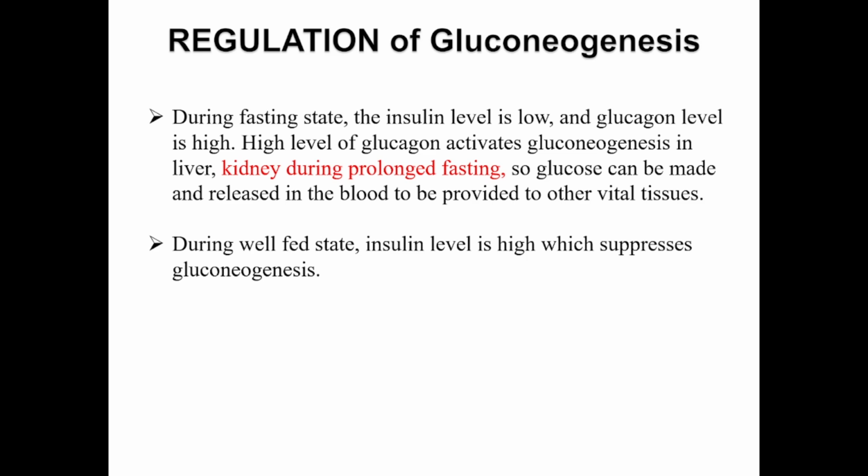That's why during starvation or prolonged malnutrition, there will be body wasting. They lose weight and become very thin, because they use their own protein and their own muscle to maintain the glucose level for those important tissues, the brain and the RBCs.